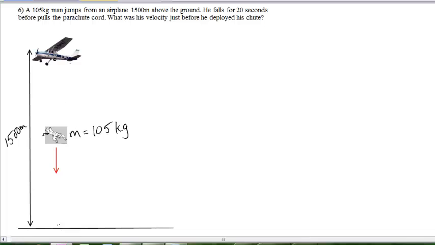So he jumps out of the plane, and the whole time is accelerating, right up to the point where he pulls his chute, and then we introduce the air resistance of the parachute, and everything changes, and we can no longer solve the problem in any simple way. So this was really about discerning useful information out of a whole bunch of information.